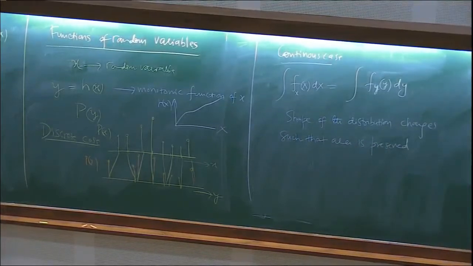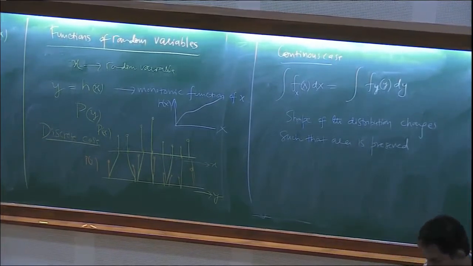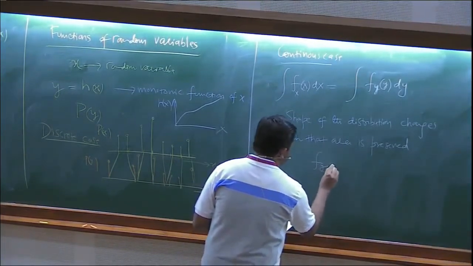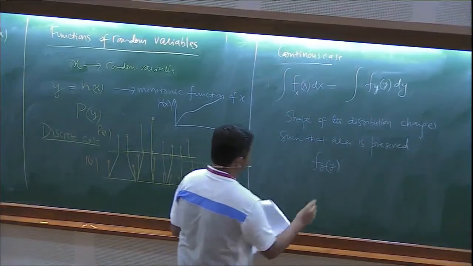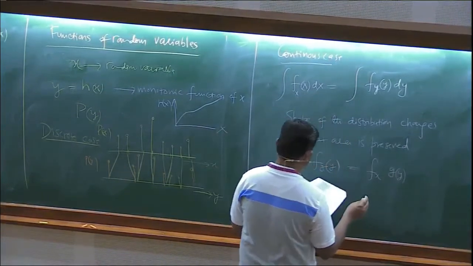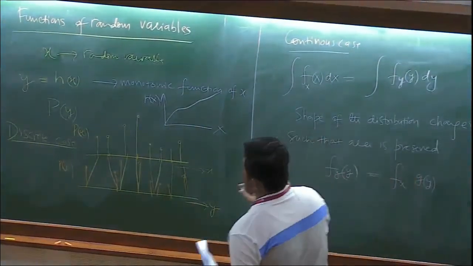And how does that distribution change? What is the key word that one uses to do this transformation? It starts with a J. Jacobian, basically. So let me just redefine this.